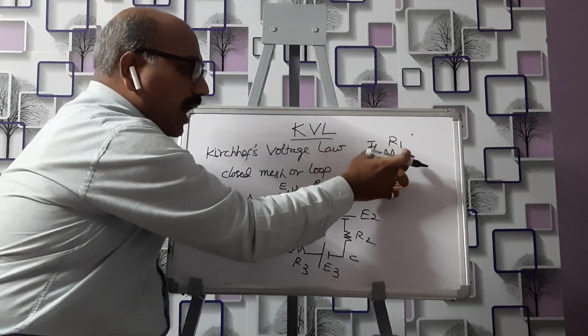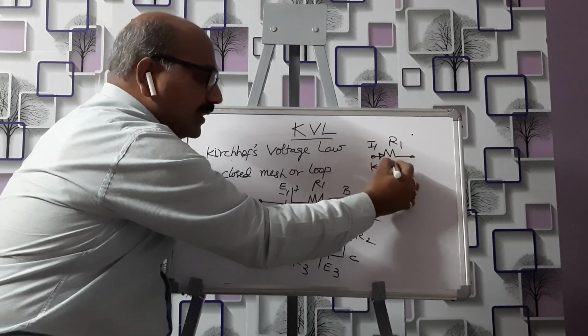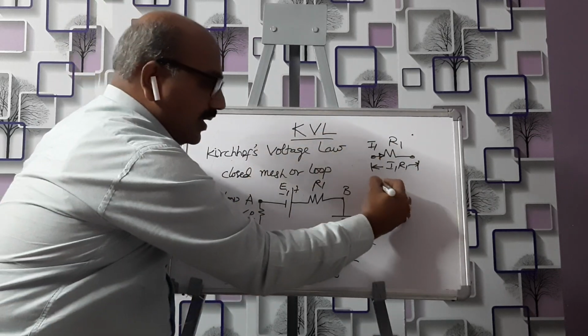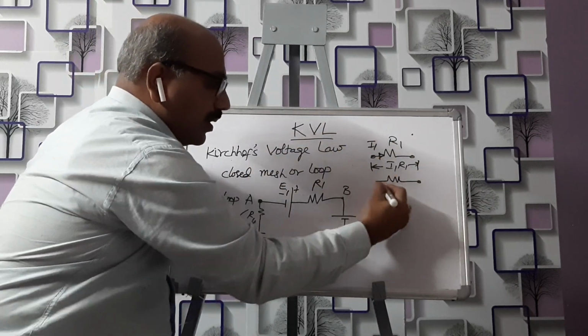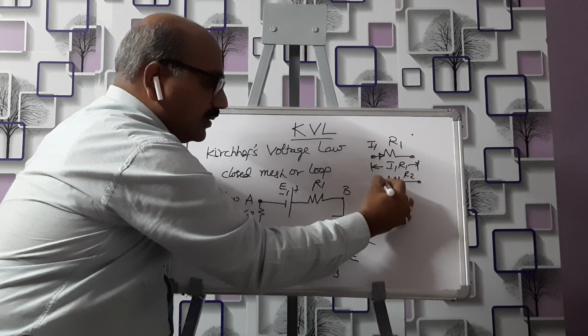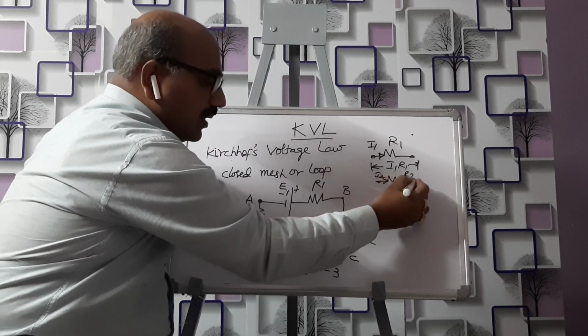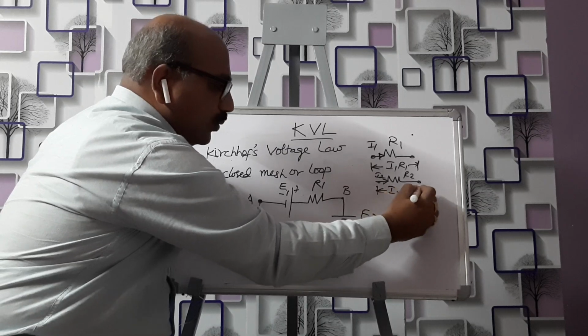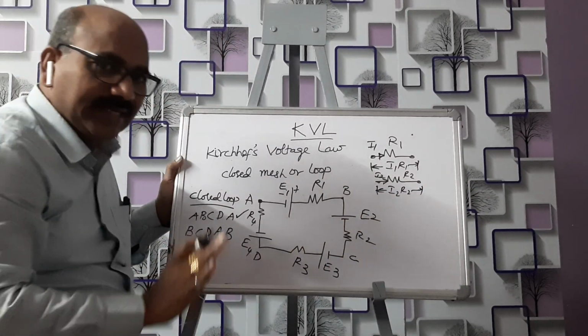Suppose I1 is flowing through R1, then the drop is I1 R1. Similarly, if I2 is flowing through resistance R2, then the drop is I2 R2, and so on. Is it clear?